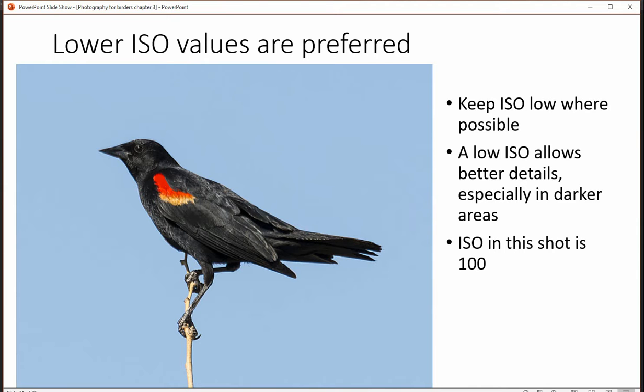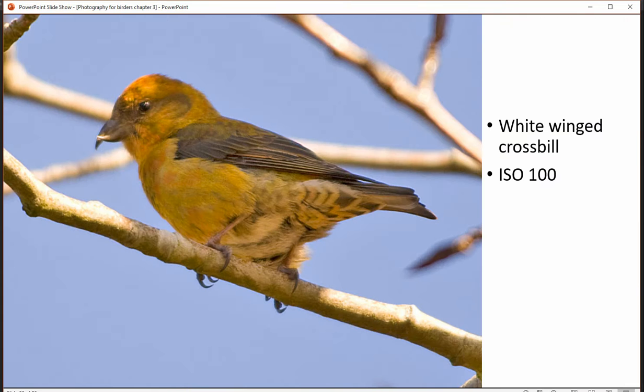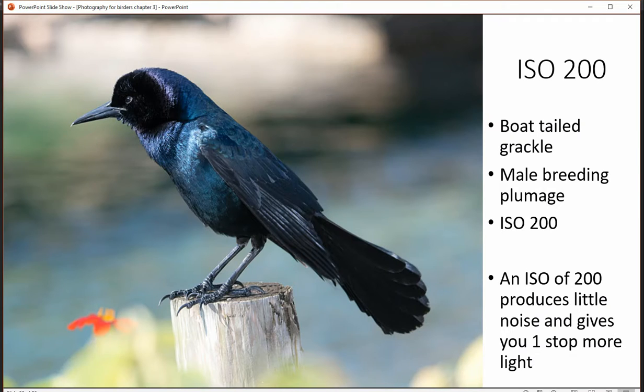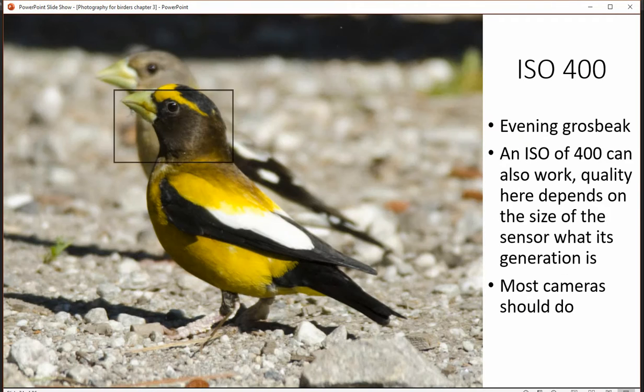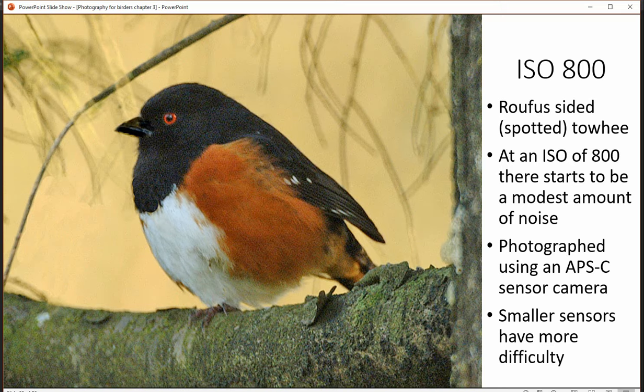You keep the ISO as low as you can to get the best shutter speed you can, to have that good combination between no blur and little noise. And so you can see in this shot there's very little noise here as well. Okay, and in this one here, zooming in, you can see the noise level is pretty good.